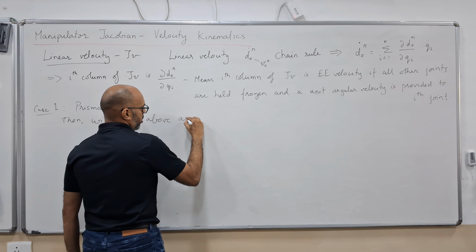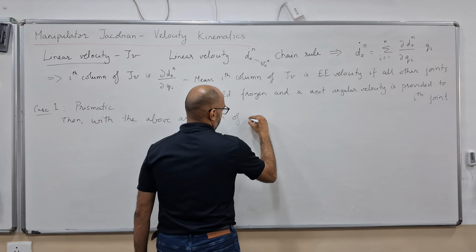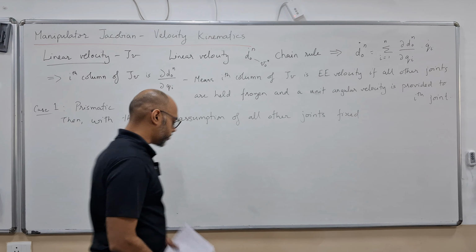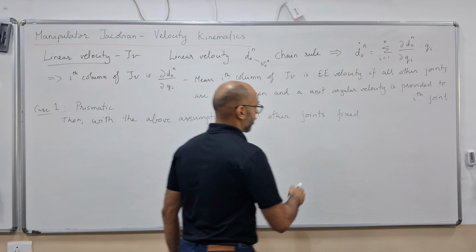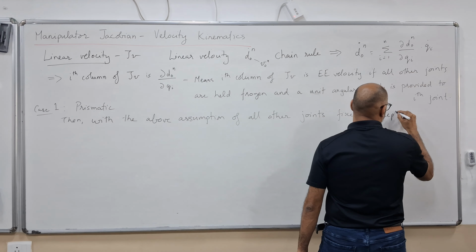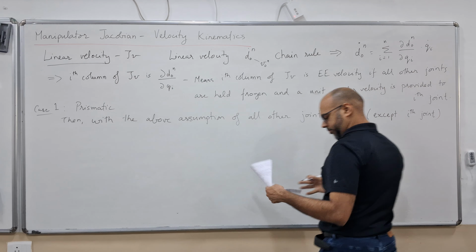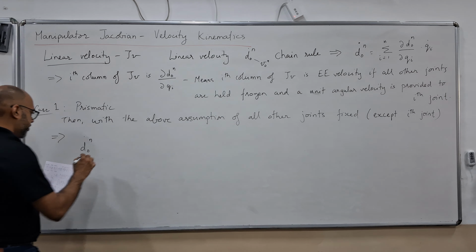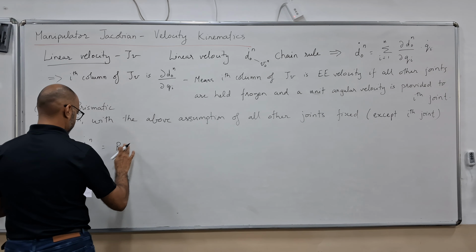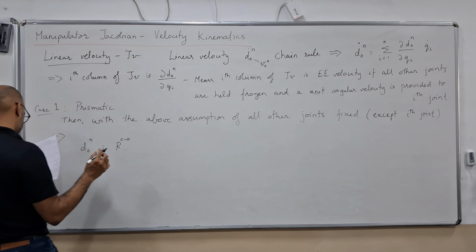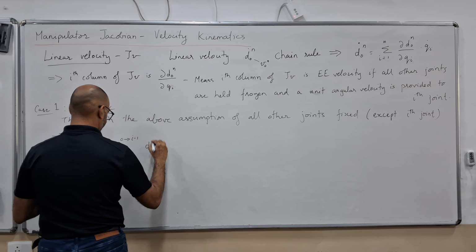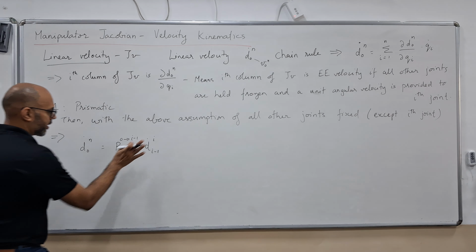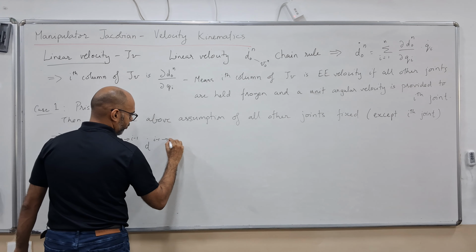The above assumption of all other joints fixed, all other joints except the ith joint, will mean that d0n dot would simply be r0 to i minus 1 of d dot of i with respect to i minus 1, or I think we were using the notation d i minus 1 to i.